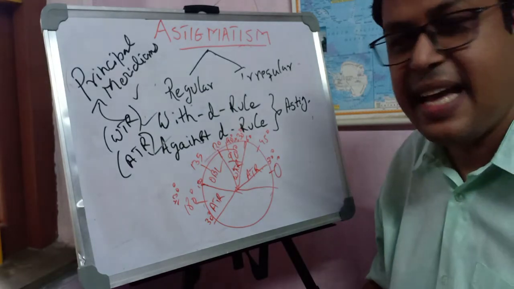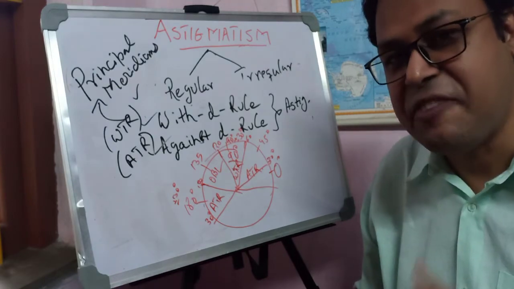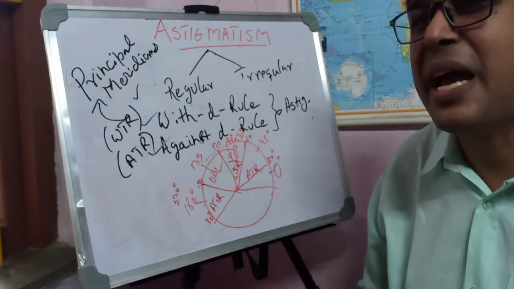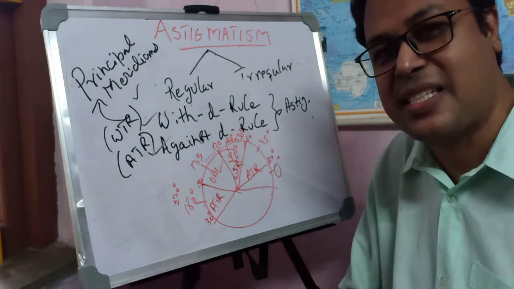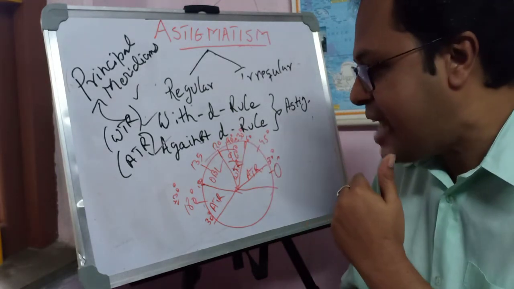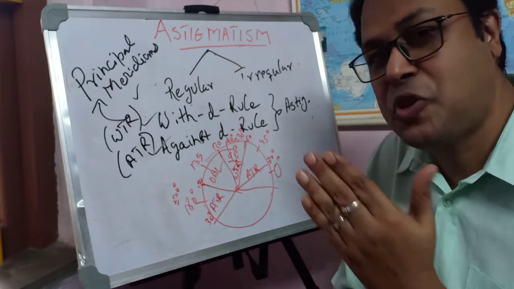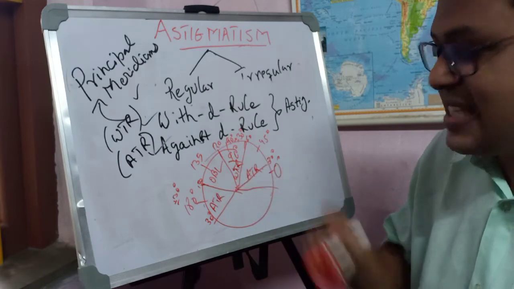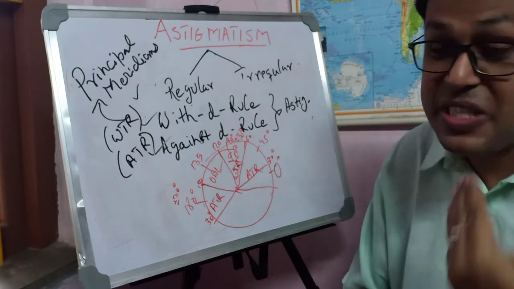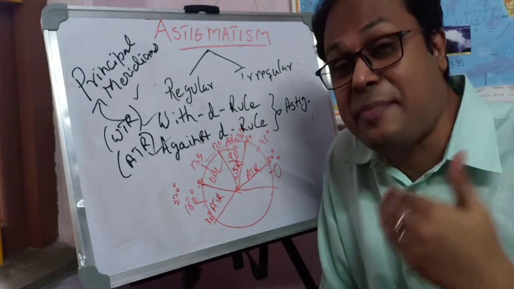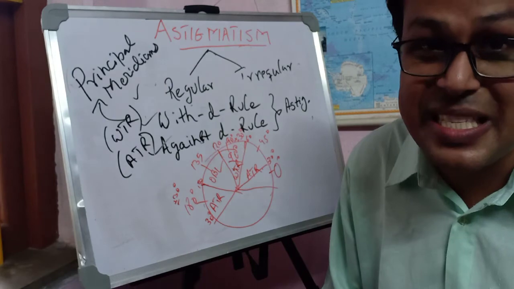The fun is that when we are born and when we are younger, if we have some amount of astigmatism, chances are that we will have with the rule astigmatism. And as we grow older, we drift towards against the rule astigmatism. So if you see patients of 60 years and above, chances are that you will find them with against the rule astigmatism.